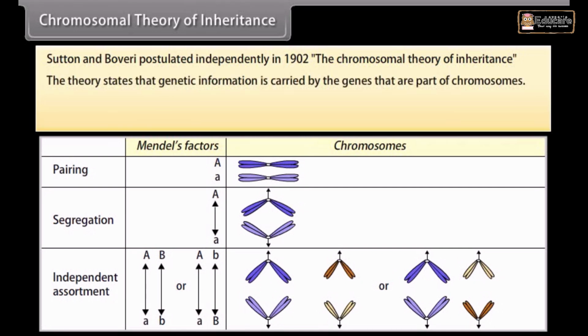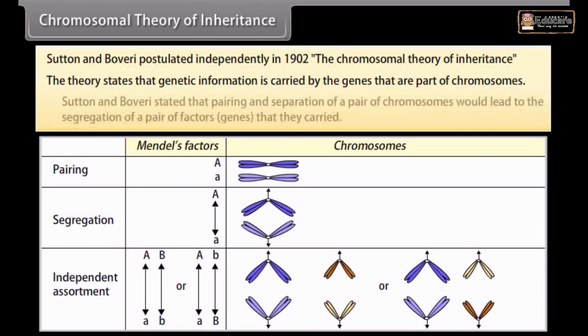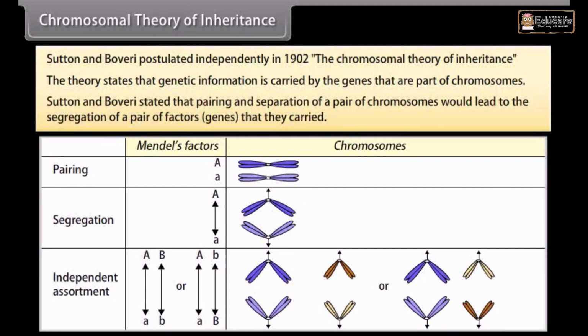The theory states that genetic information is carried by the genes that are part of chromosomes. Sutton and Boveri stated that pairing and separation of a pair of chromosomes would lead to the segregation of a pair of factors, that is genes, that they carried.